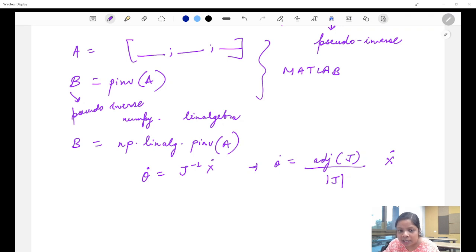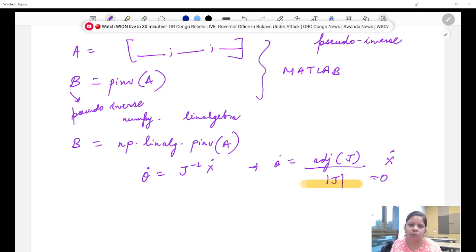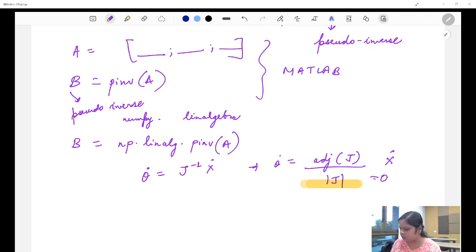Now what if the determinant becomes 0? What will you do? If the determinant becomes 0, what would happen? My theta dot, if my determinant tends to 0, my joint velocities would tend to infinity, which we cannot achieve.